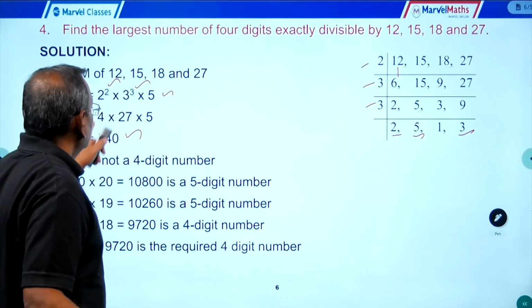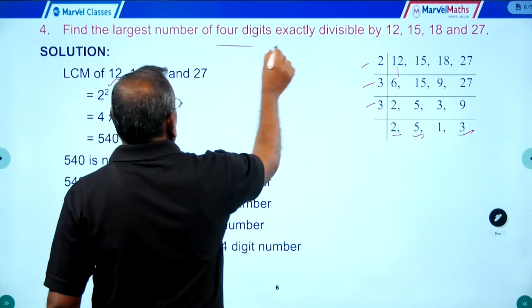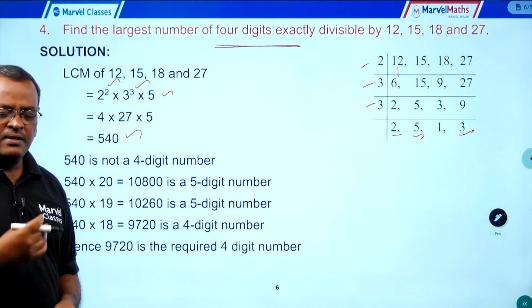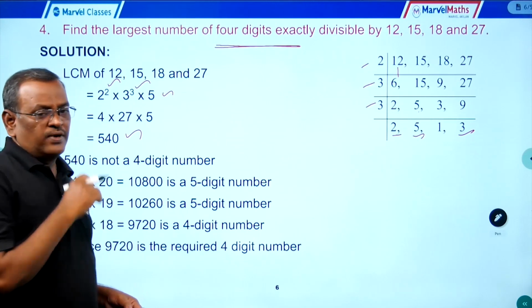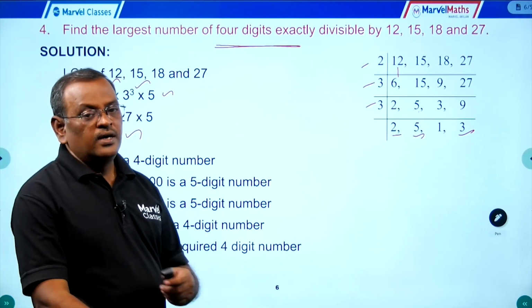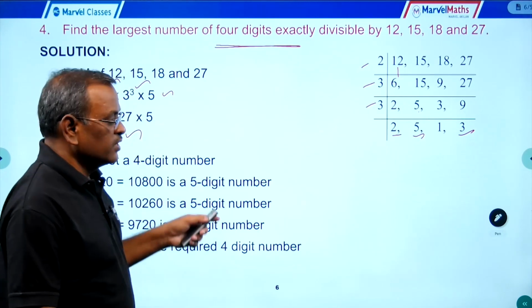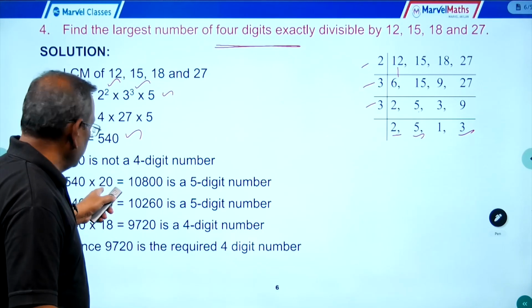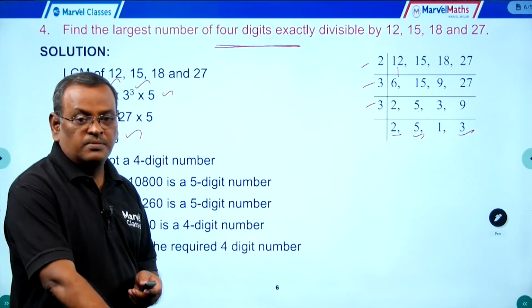But the question is for a 4-digit number, and 540 is not a 4-digit number. Then how to find the largest 4-digit number which is divisible by all the 4 numbers? Multiply by any number. First multiply by 20; you always start with a multiple of 10.